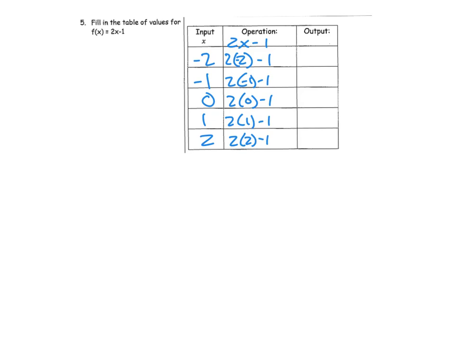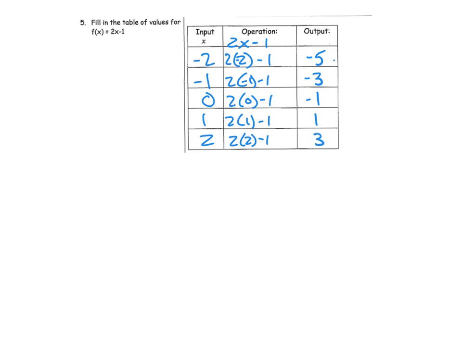Start listing numbers in order. What did you get for the first one? -5, then -3, -1, 1, and 3.